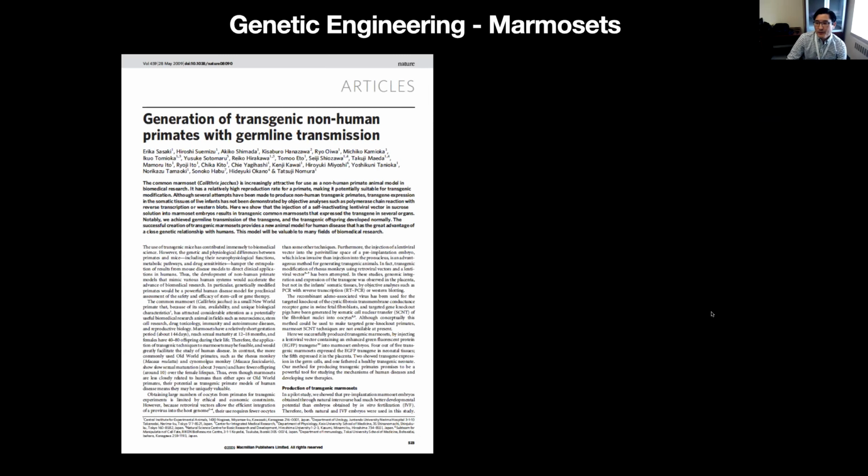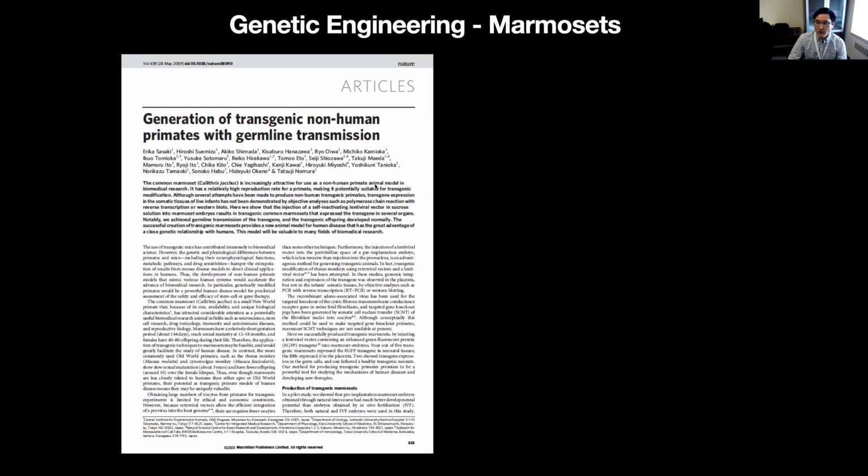So I just pulled up a couple of papers that have really started to transform the field of genetic engineering in marmosets. There was a really landmark paper that happened in 2009, published in Nature from Erika Sasaki. This was the first evidence that genetic engineering could take place in marmoset embryos to create certain models.